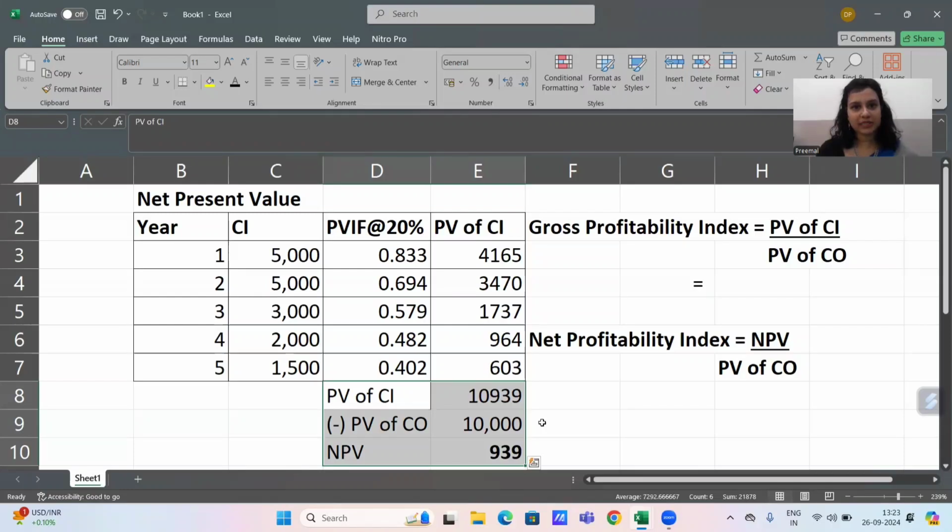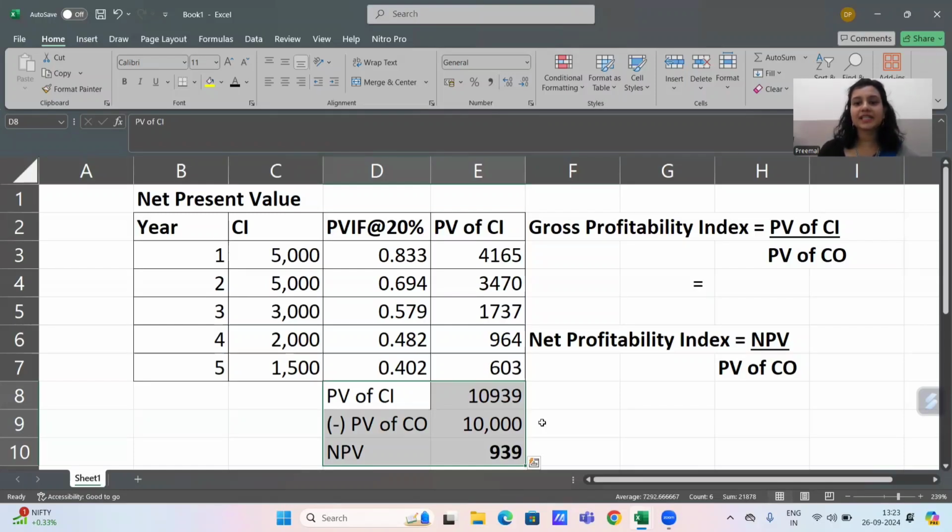Now, what about profitability index? Profitability index, just like NPV, is also another tool to find out the profitability of a particular proposal or project on hand. Now, profitability index are two types. One is gross profitability index and the other one is net profitability index.